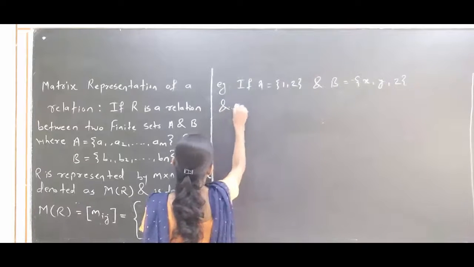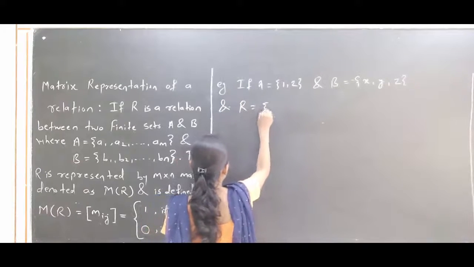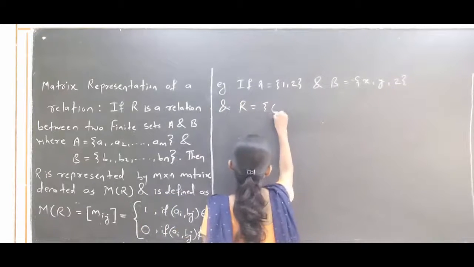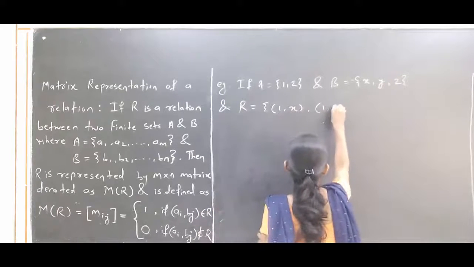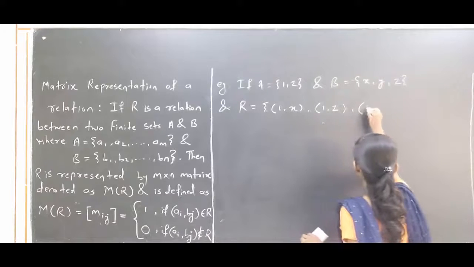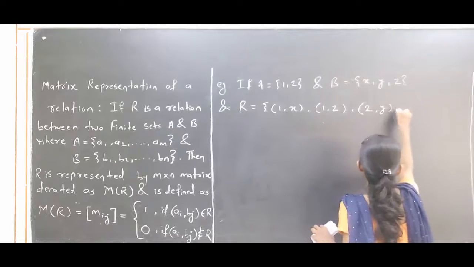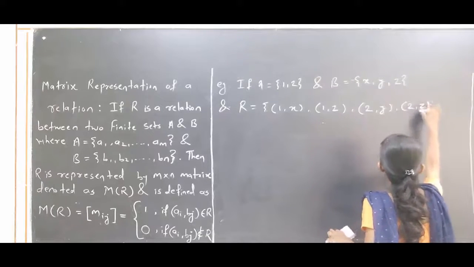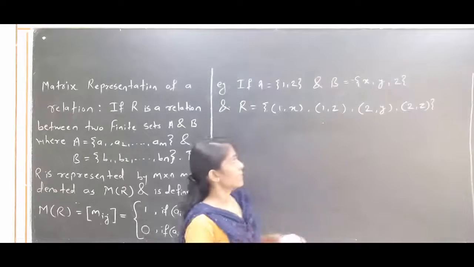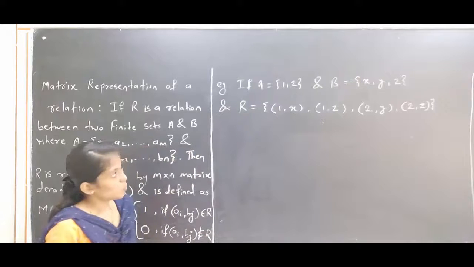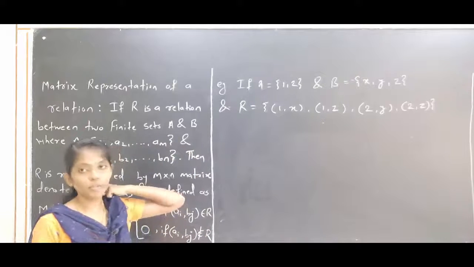And relation R is 1x, 1z, 2y and 2z. Okay, so relation R is given: 1x, 1z, 2y and 2z.